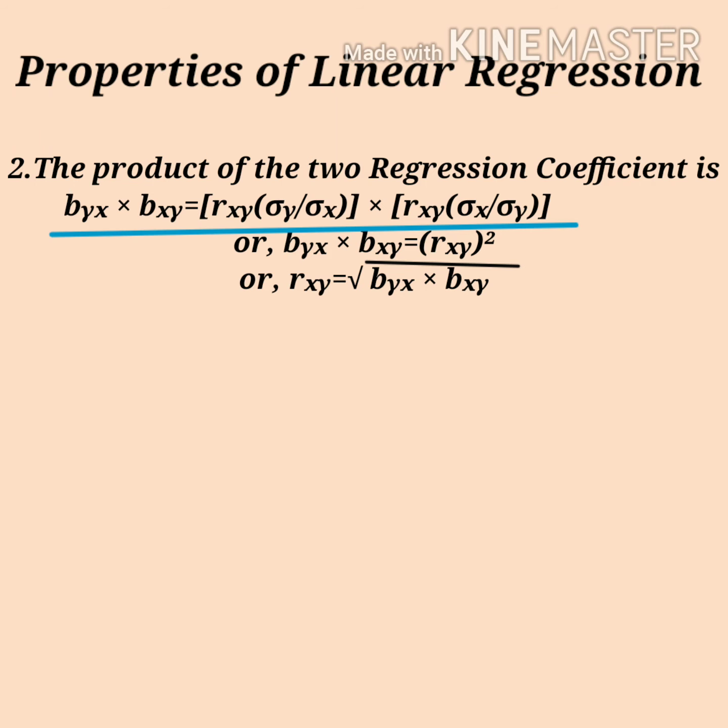So sigma x and sigma y will be cancelled and we will get r_xy into r_xy, that is r_xy square. And finally we can write r_xy equal to root over b_yx into b_xy. So student, you should remember these two properties of linear regression.